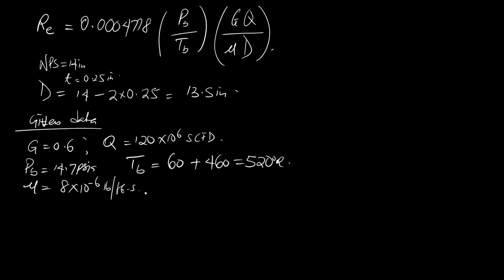Now we are given the maximum operating pressure of the pipe to be 1400 psig. The delivery pressure, let me call it P2, is 700 psig.